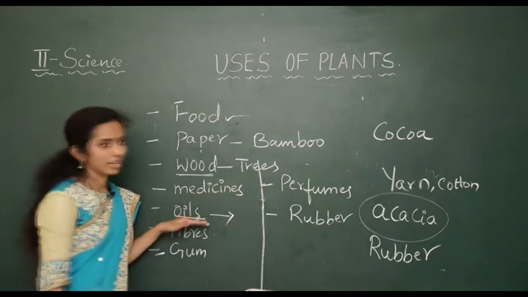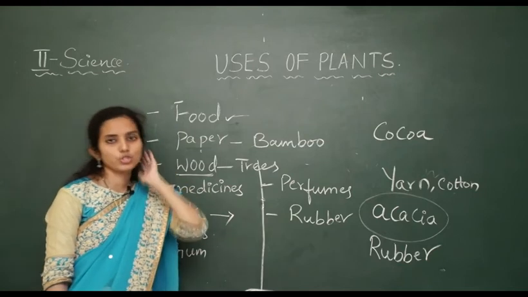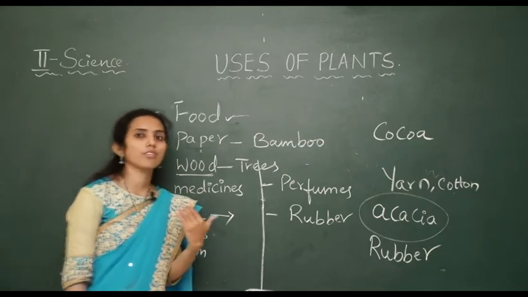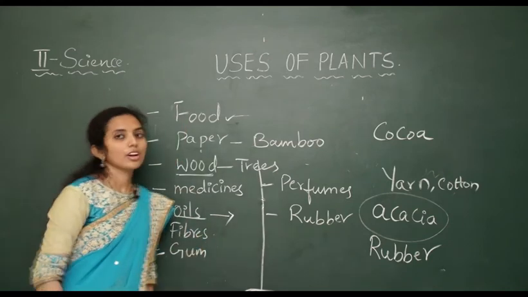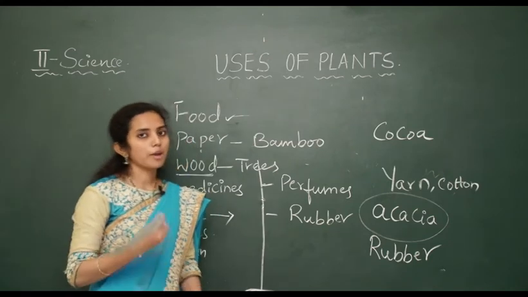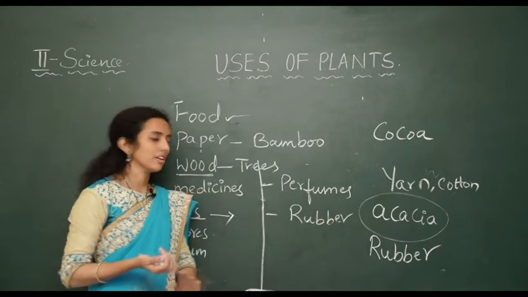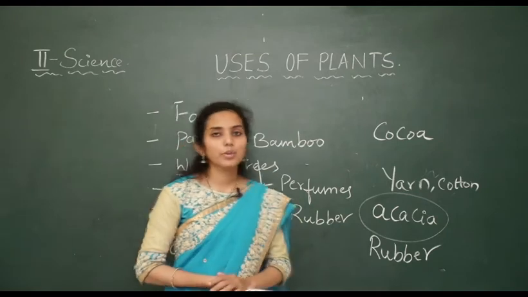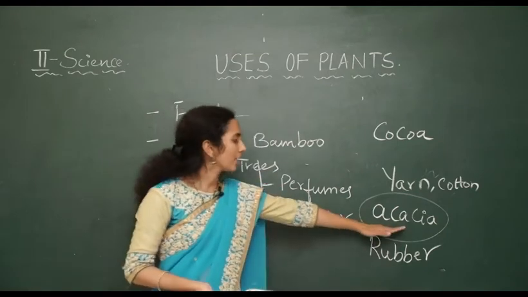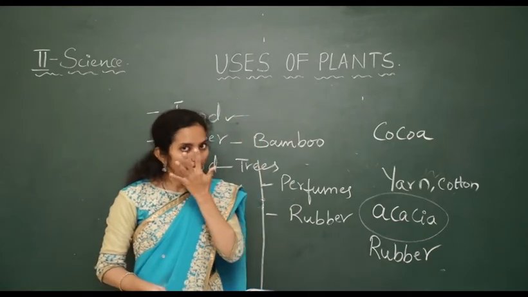plants. Oils, sunflower oil, coconut oil, or the oil which is used for the nourishment of our hair is also extracted from the plants. Fibers, different types of clothes are made out of cotton, and the main source for cotton production is plants. And gum, we have seen gum is also extracted from the acacia plant, from the latex, that is from the trunk of the acacia plant.